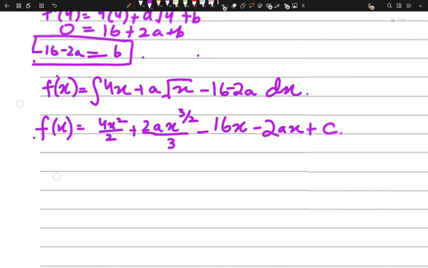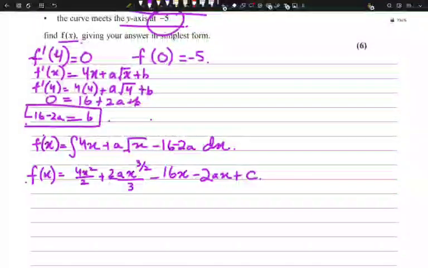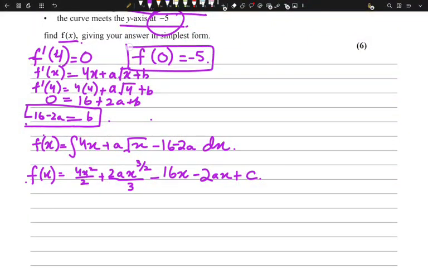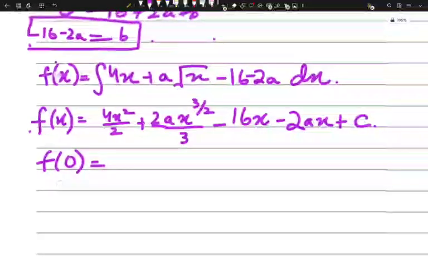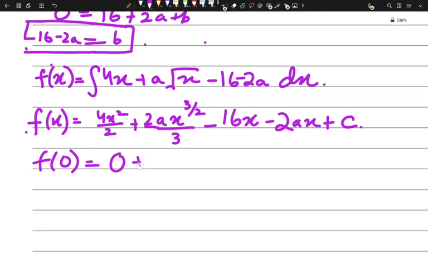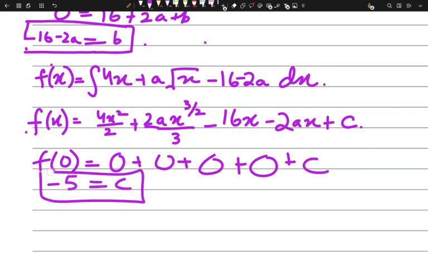Now you know this second relation, right? F of 0 equals -5. Apply it here again. So f of 0 would mean the 4x squared over 2 becomes 0, this part becomes 0, this part becomes 0, this part becomes 0, plus c, which is equal to -5. This means c equals -5. Okay? You have a value for c now.